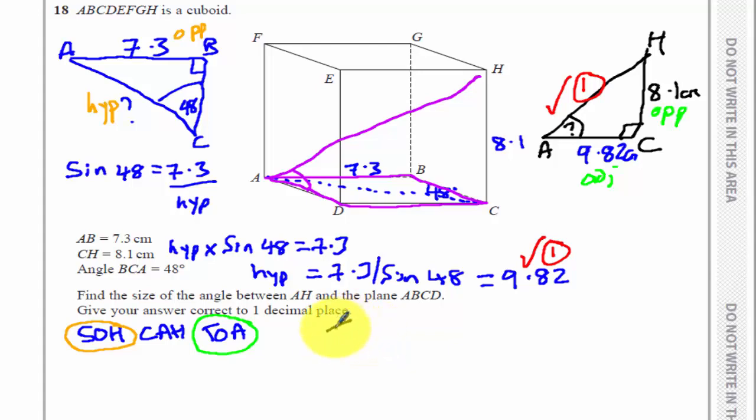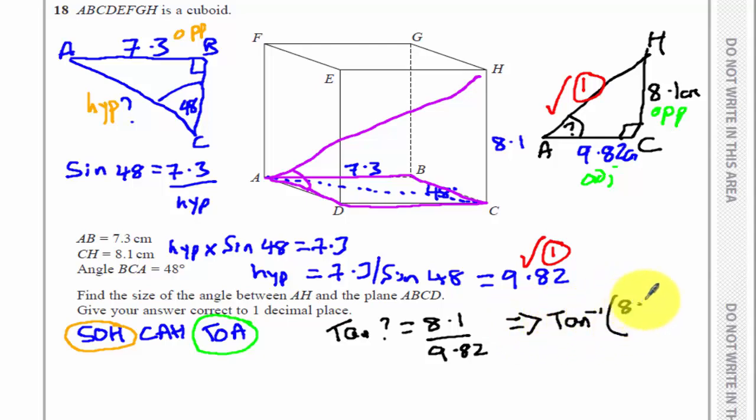Because I want an angle, so the tan of this question mark is 8.1 divided by 9.82. That's going to mean, to work that out, I need to go tan to the minus 1 of 8.1 over 9.82. Getting this far, showing the examiner you know which trig ratio to use, gets you your third mark.